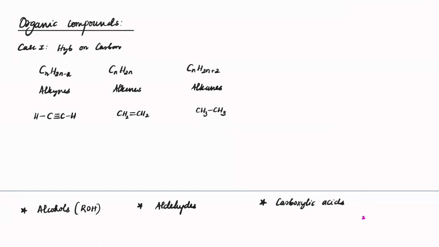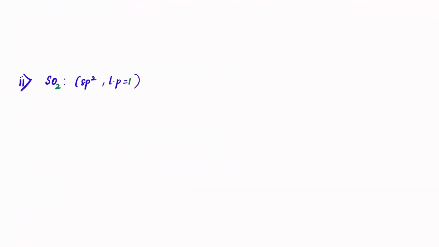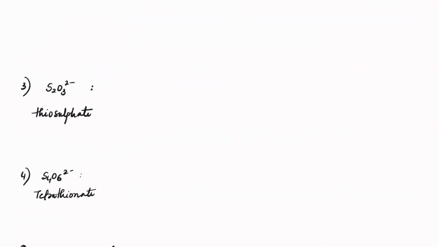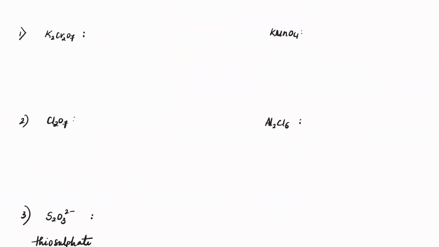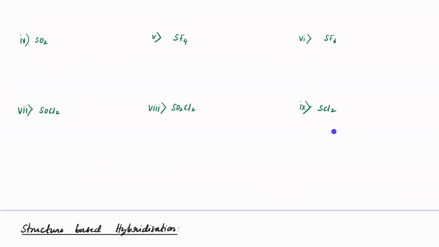Tomorrow I'll take up all the organic compound hybridizations and then we'll start with bond parameters. Got it? So for now, I would suggest you complete up to this. Right, guys? So, once again.